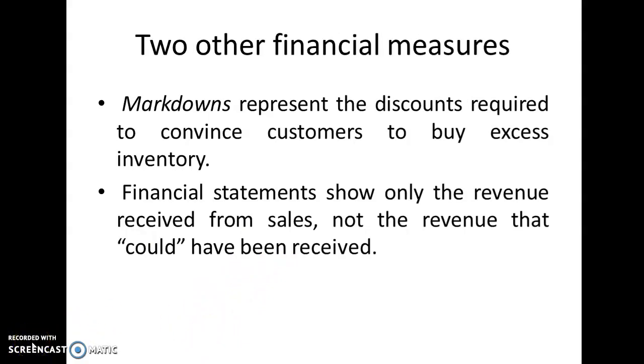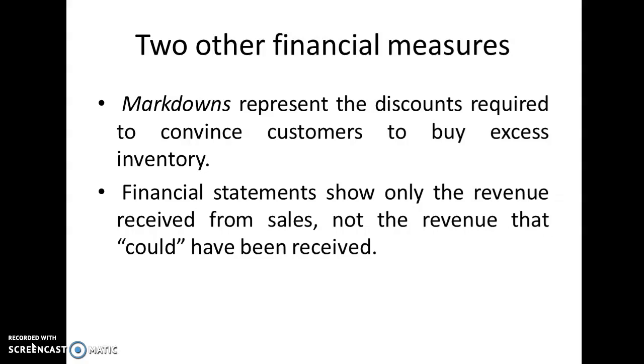Two other financial measures. One is markdown. This represents the discounts required to convince customers to buy excess inventory. Sometimes companies will announce discounts in the rates in order to move the bulk goods available in the inventory.